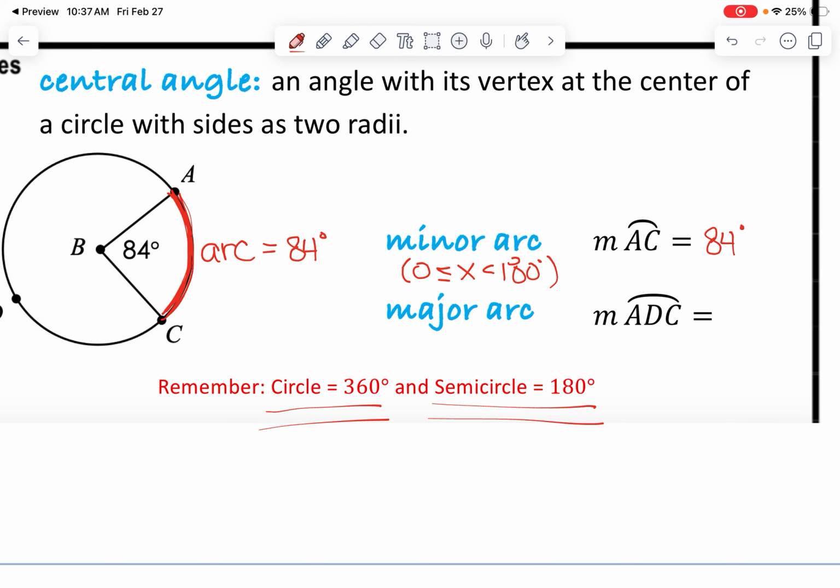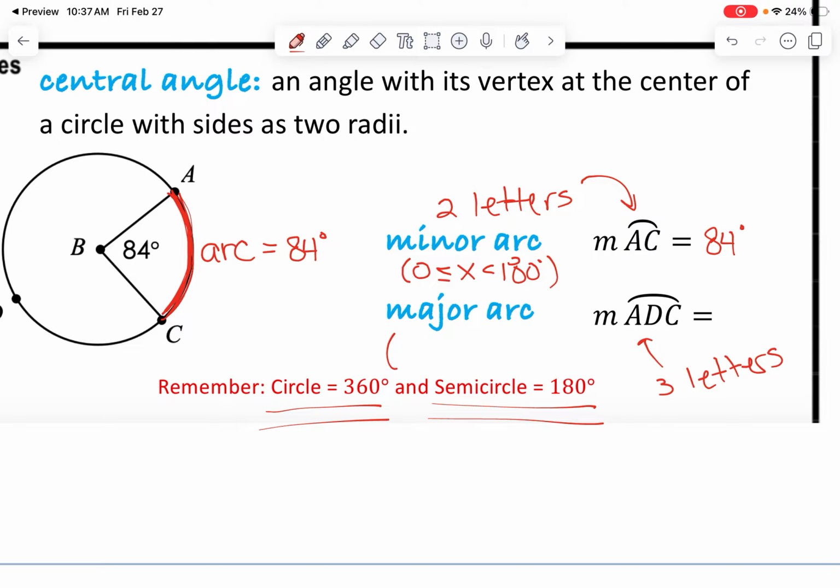Now major arcs. Minor arcs use 2 letters, and you'll see that right there, an arc above it with 2 letters. When you do a major arc, you're going to do 3 letters, because you need to know which way it goes around.